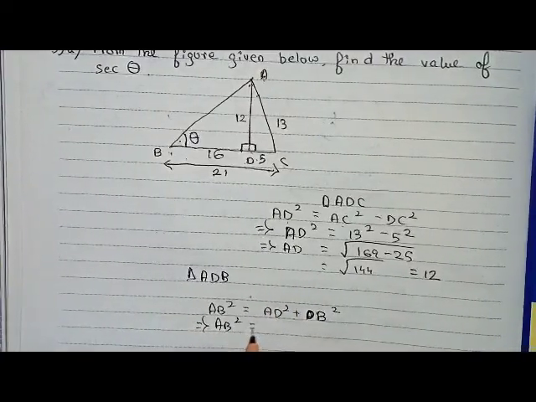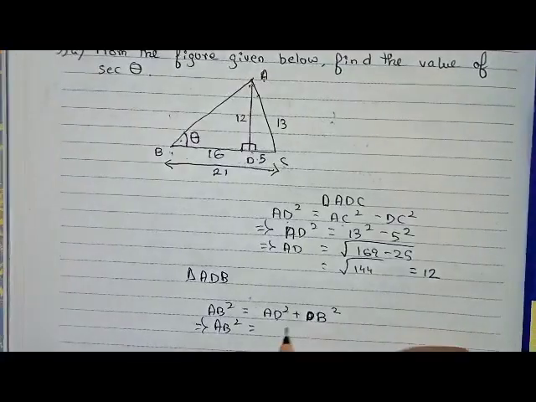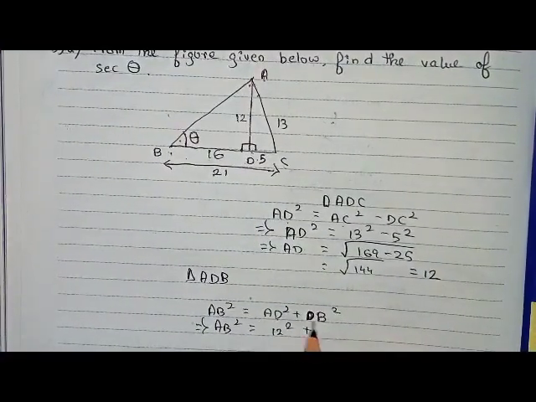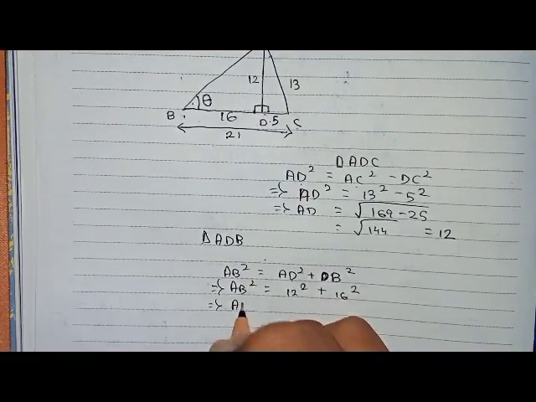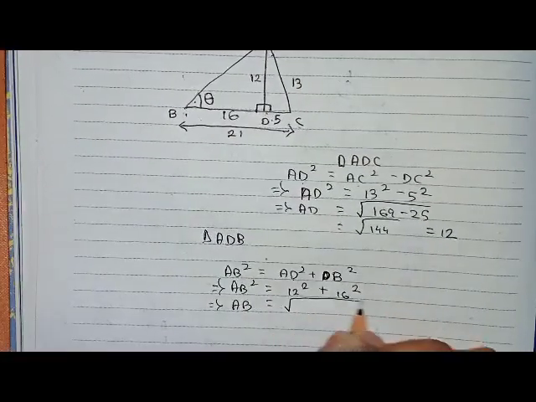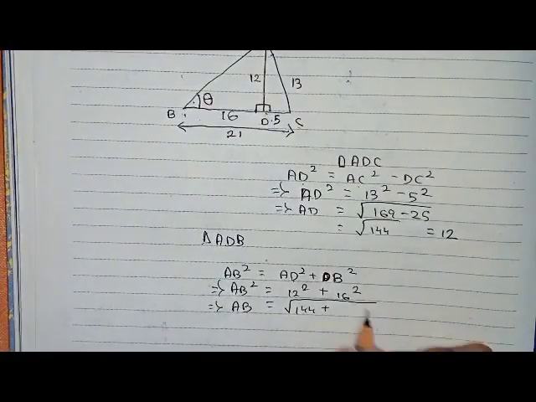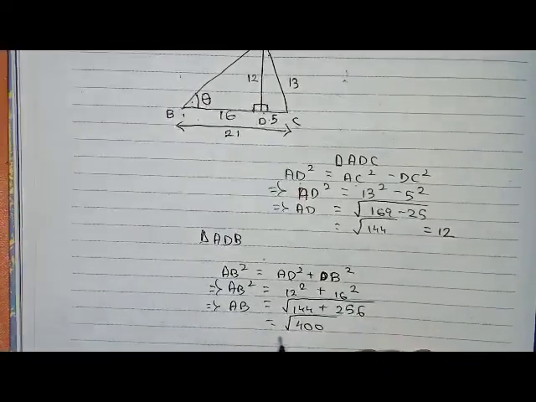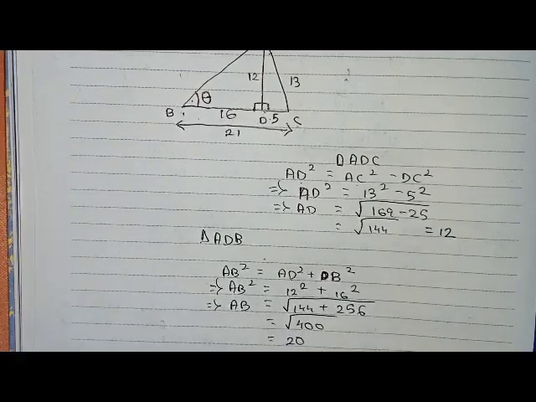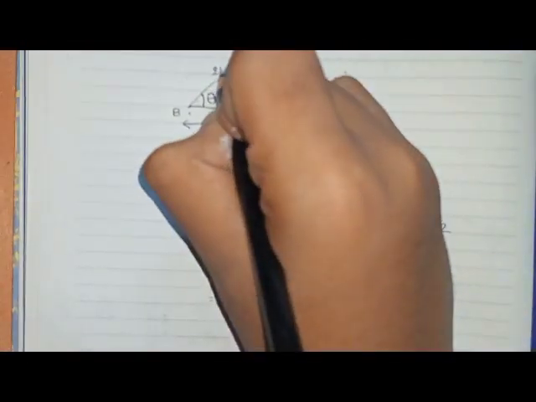So AB square is equal to 12 square plus 16 square. AB will be equal to root over 144 plus 256, which is root over 400. That will be equal to 20. So this side is our 20.